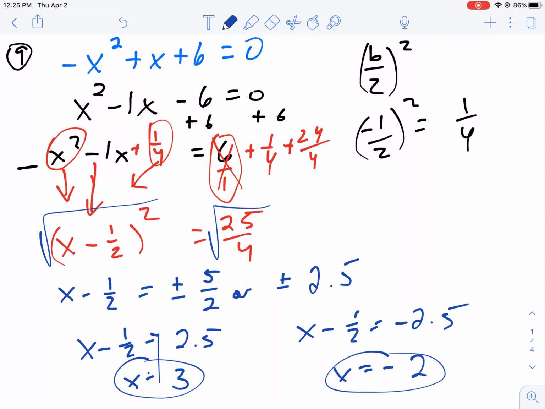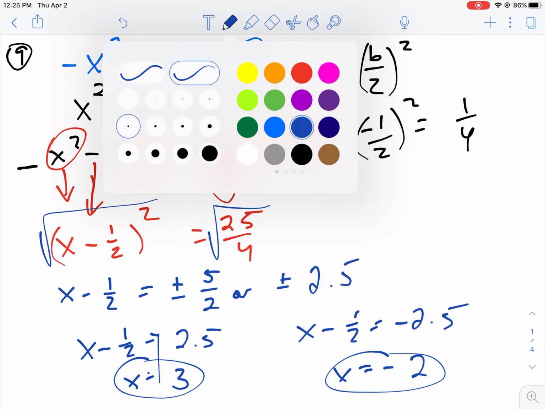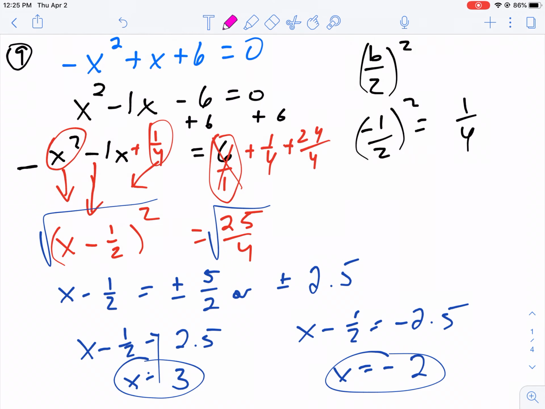Now there's one thing that I would have done differently. That's how to solve it completing the square, but I wouldn't even complete the square if I had this problem. I would just factor this out. So what numbers multiply to get a negative 6 that add to get a negative 1?